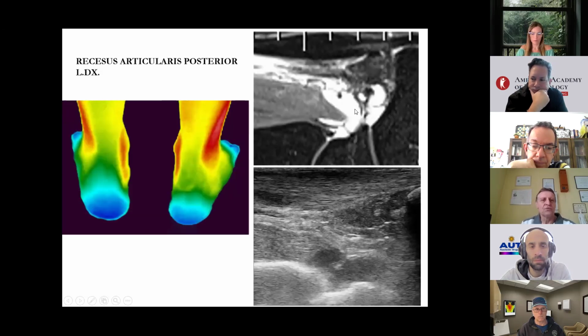This is an example of filling of the recessus articularis posterior on the right side. On MRI and on sonography, we can see the filling of this recessus posterior. And on thermography at this site, we can see increased temperature activity.